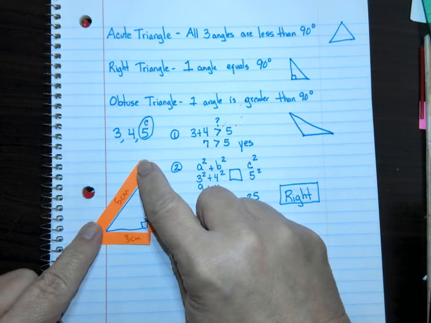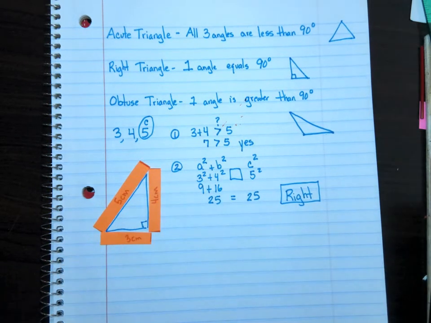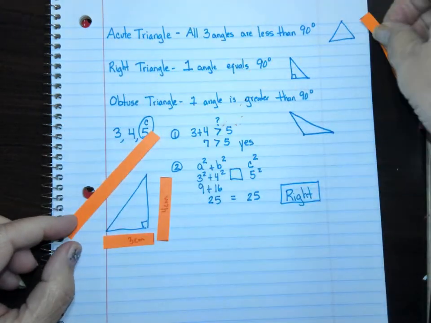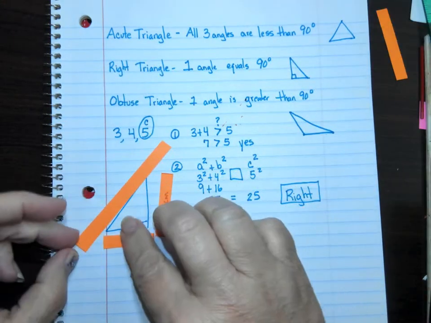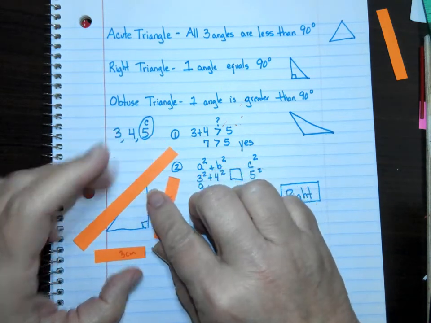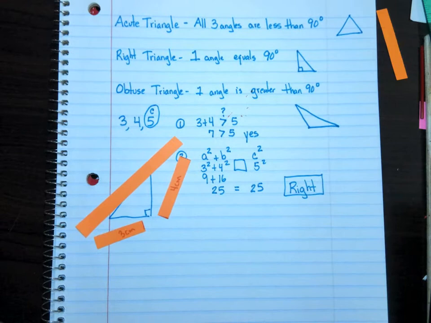But if the square of this hypotenuse, if this orange piece here were to get longer, right? Let's say it was longer than 5. Let me cut a longer piece. So if this hypotenuse squared gets longer, well, if it gets too long, it's not even going to make a triangle at all, right?